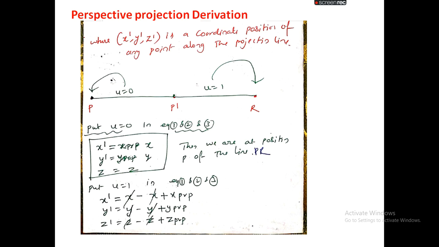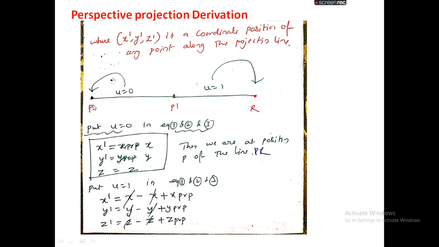If I substitute u equal to 0, then we are at one end of the line segment, called P. When I substitute u value 1, then we are at the position R. Means whenever you substitute u equal to 0, you are at the position P. When you substitute u value 1, you are at the position R. So P and R are nothing but the two ends of the line segment.